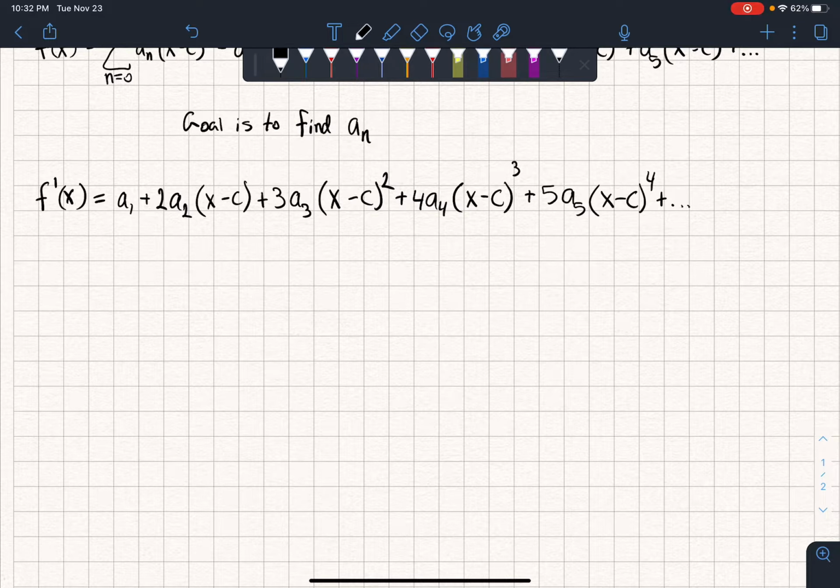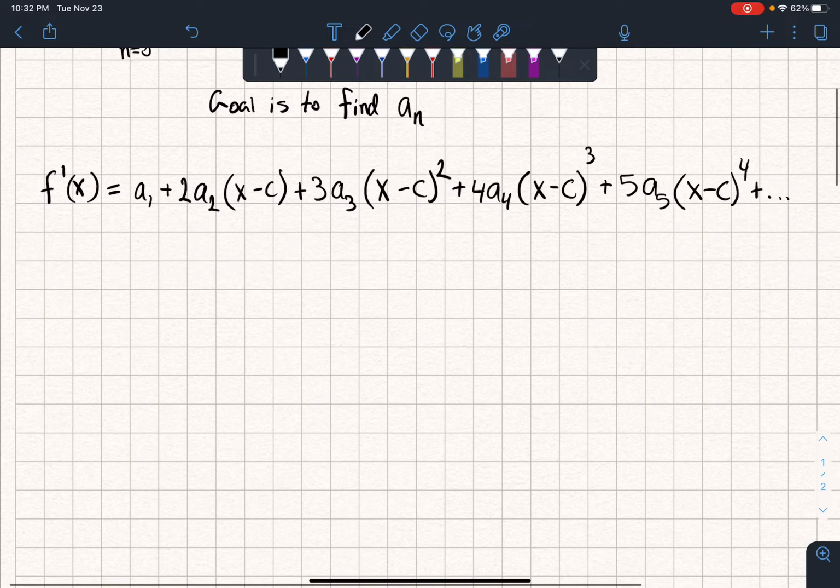So essentially, I'm just going to keep taking derivatives. So let's calculate f double prime of x. The a sub 1 is going to go away.